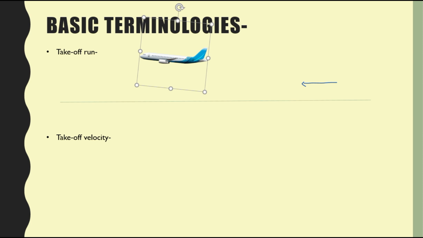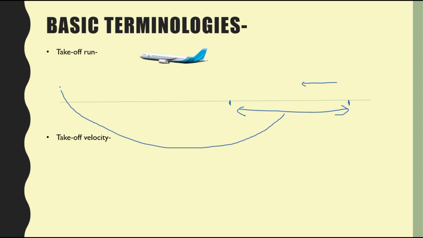From this point till this point, the aircraft was on the ground, and the point where the aircraft loses contact with the ground marks the end of this distance, which is known as the takeoff run.